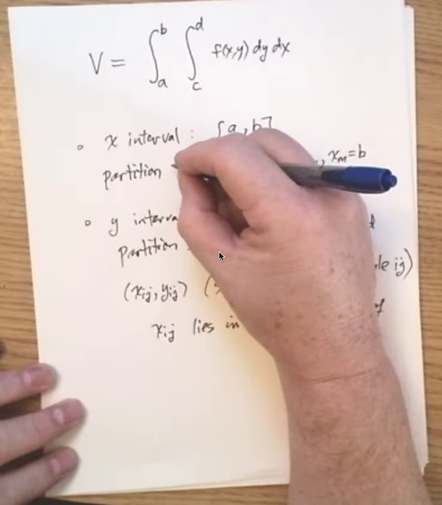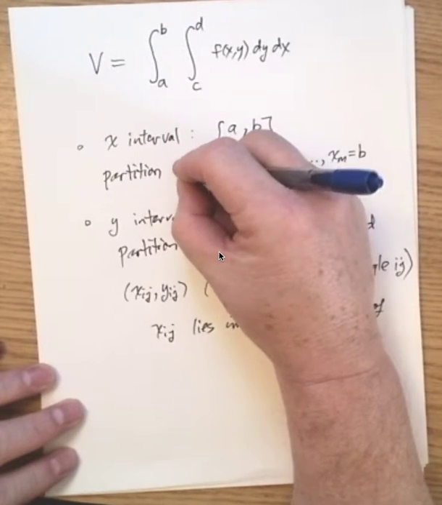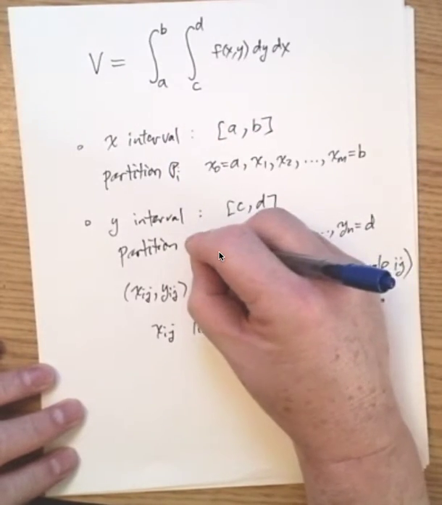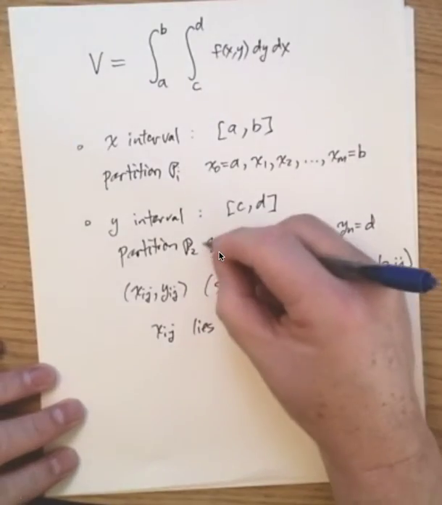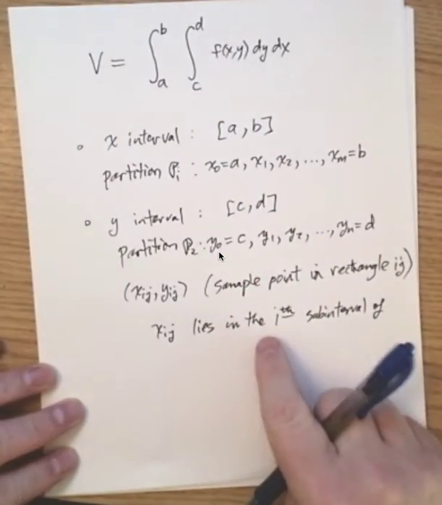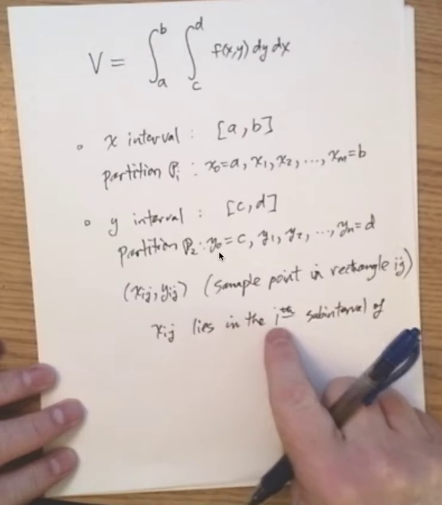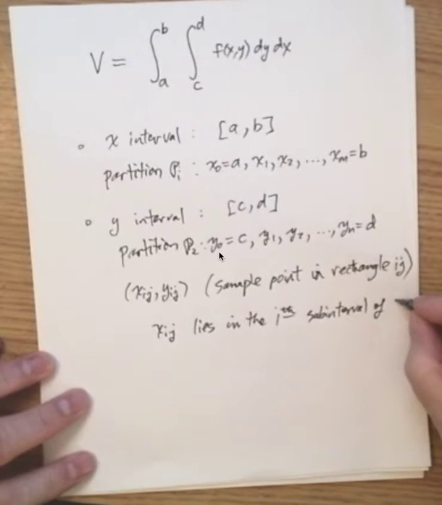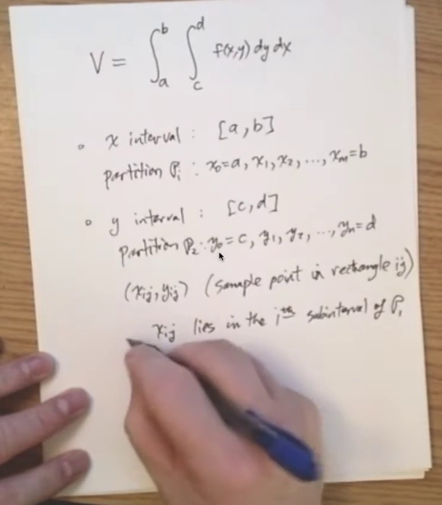Let's give this a name: partition P1, and this is partition P2. It's just saying that x sub ij lies in the ith subinterval of the partition of the x values, so P sub x or P sub 1.